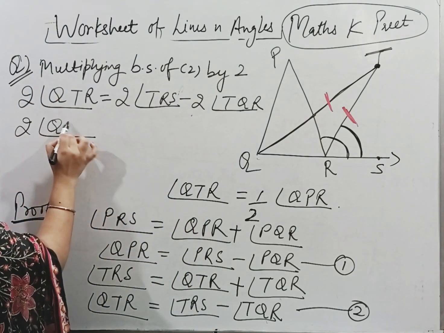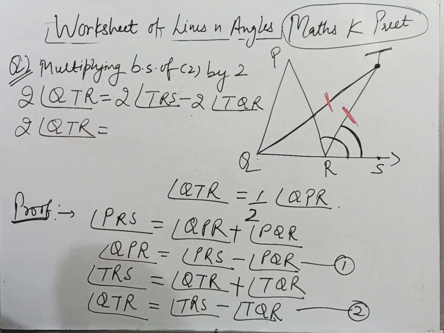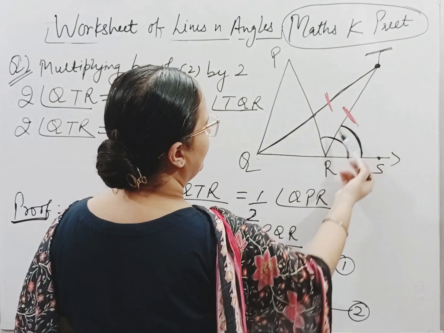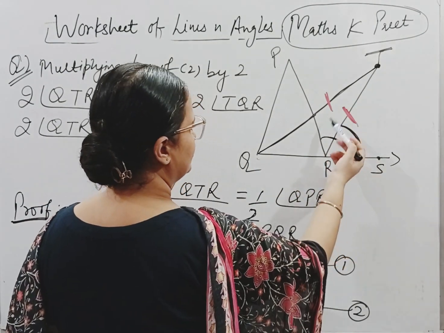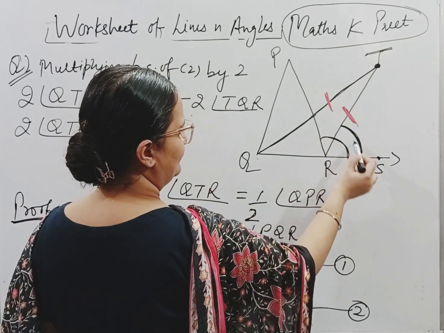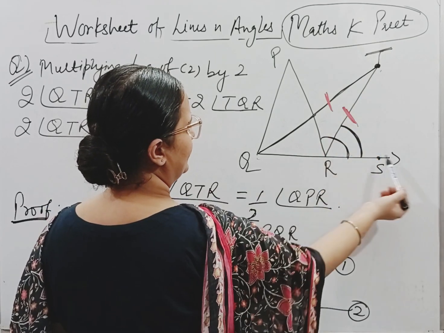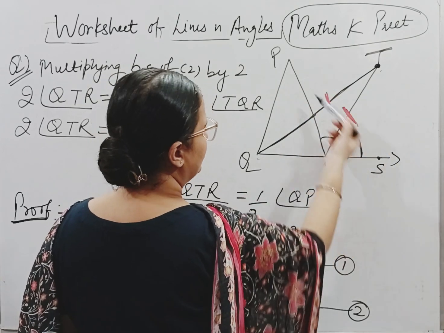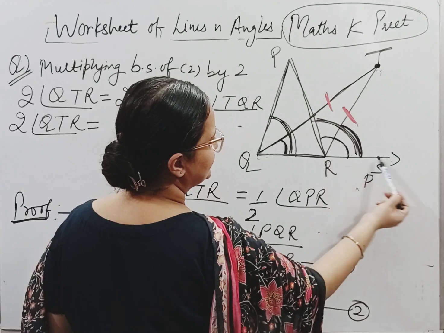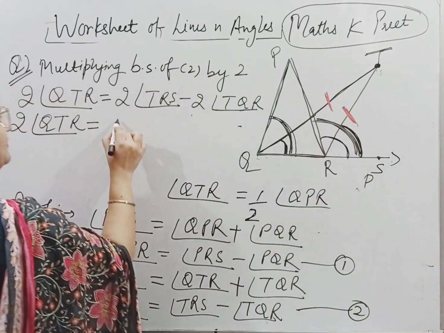Fine till here. Now this 2 times TRS, this is acting as a bisector of this complete angle. Now 2 times TRS can be written as PRS because RT is the angle bisector of this angle. If I am taking 2 times TRS, that will be equals to angle PRS.